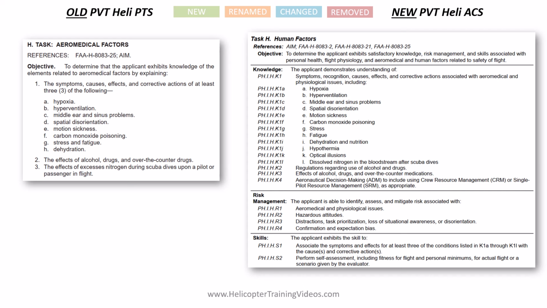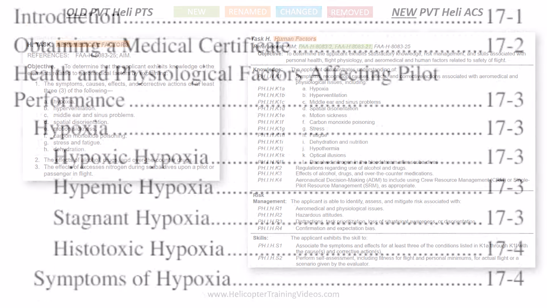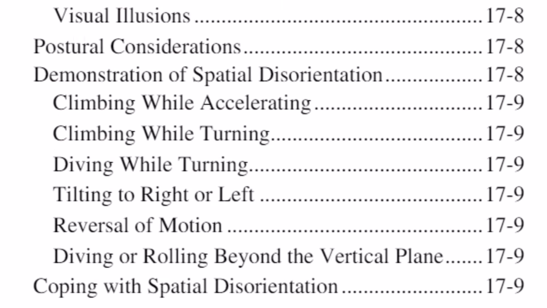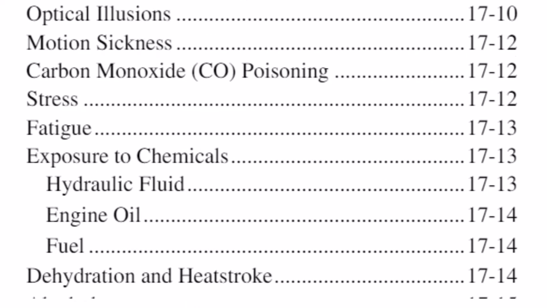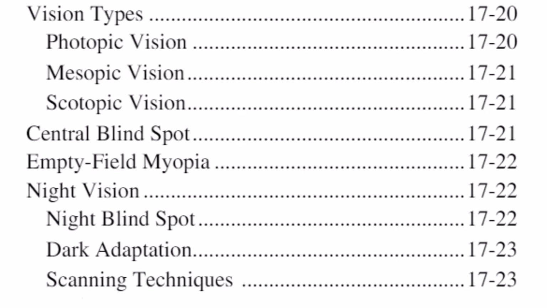Okay, we'll look at the last task in this area of operation, which is Task H, Human Factors, previously known as Aeromedical Factors. The new references added here are the Risk Management Handbook and the Helicopter Flying Handbook. The Helicopter Flying Handbook has a few bits and pieces that might be relevant, but to me the main areas you want to look at in the PHAC, there's a big section on a few different things like nutrition, hypothermia, optical illusions.